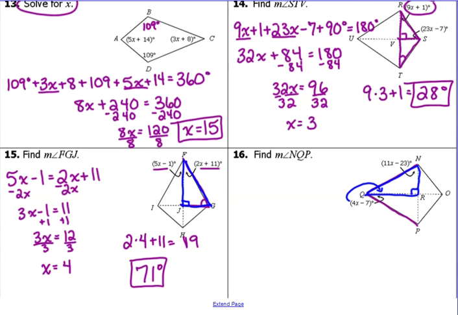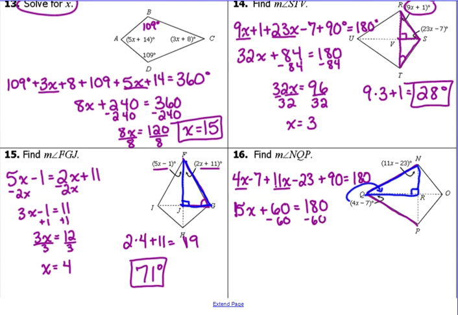So if we add 4x minus 7 plus the 11x minus 23 plus 90. Those are the three angles from that triangle. They should equal 180. So 4x plus 11x, 15x. Negative 7 minus 23 is negative 30 plus 90 is 60. So we subtract the 60. 15x is equal to 120.